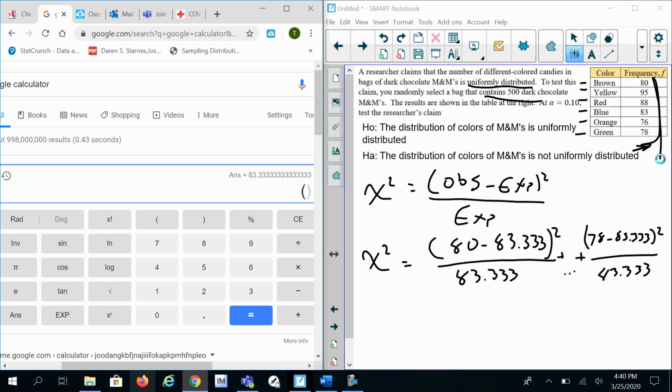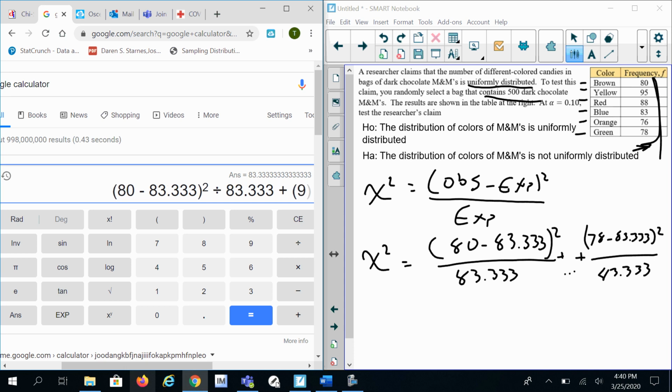All right, so we have 80 minus 83.333 squared divided by 83.333. I wish there was an easier way to do this, but there really isn't. Unless you can find a calculator that does it, feel free to, but this is what we're at.